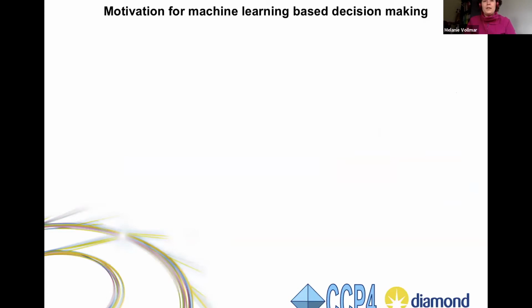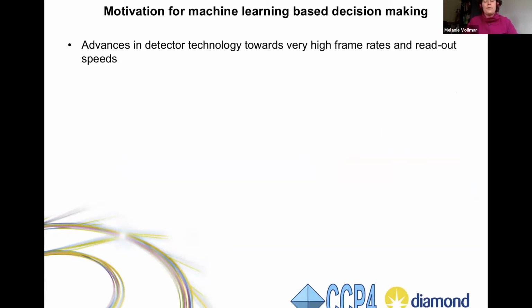Now, why do we want to make use of machine learning in such a setting? Well, to start with, it's because there are lots of advances in technology. First and foremost are the detectors, which in the last 10 years have made huge leaps forward to high frame rates and high data rates, readout speeds. So there's a lot of data coming through.